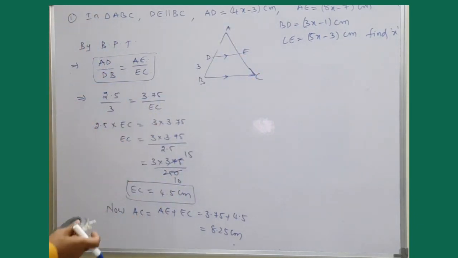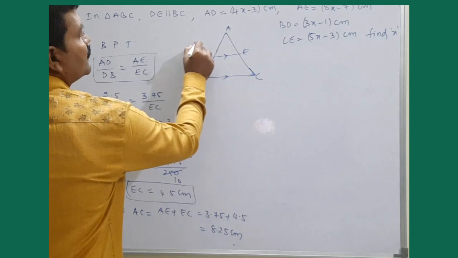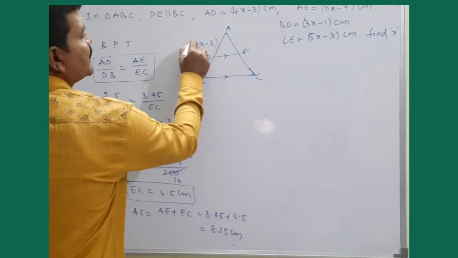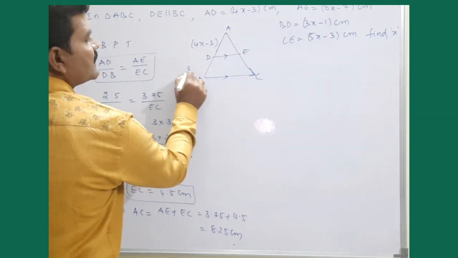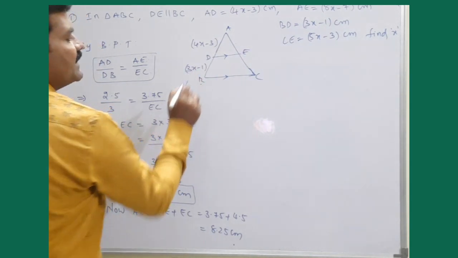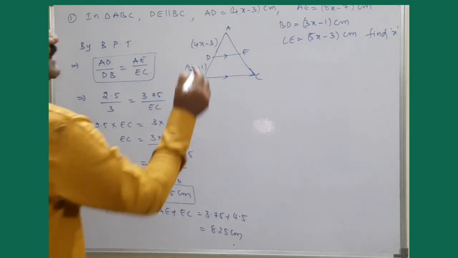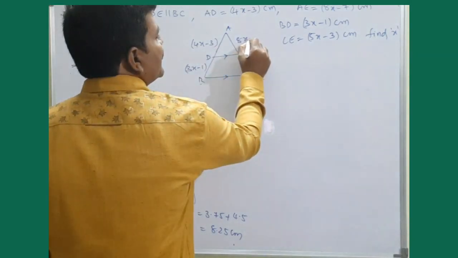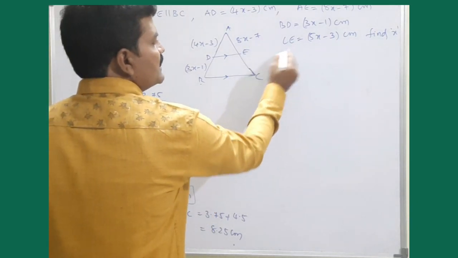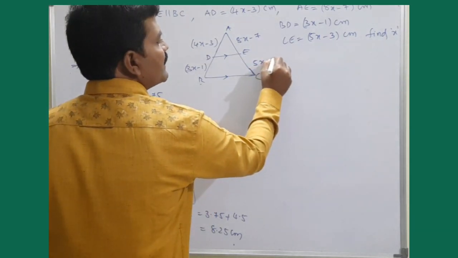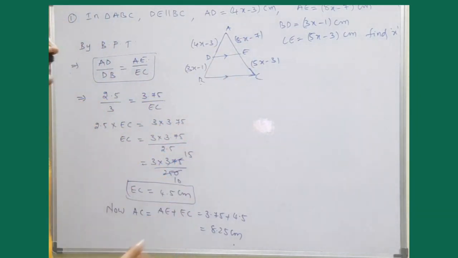See what is provided. AD length, which is 4x minus 3 centimeters. BD also given as 3x minus 1 centimeters. AE is given 8x minus 7, and EC or CE, which is 5x minus 3. I think every part is given.